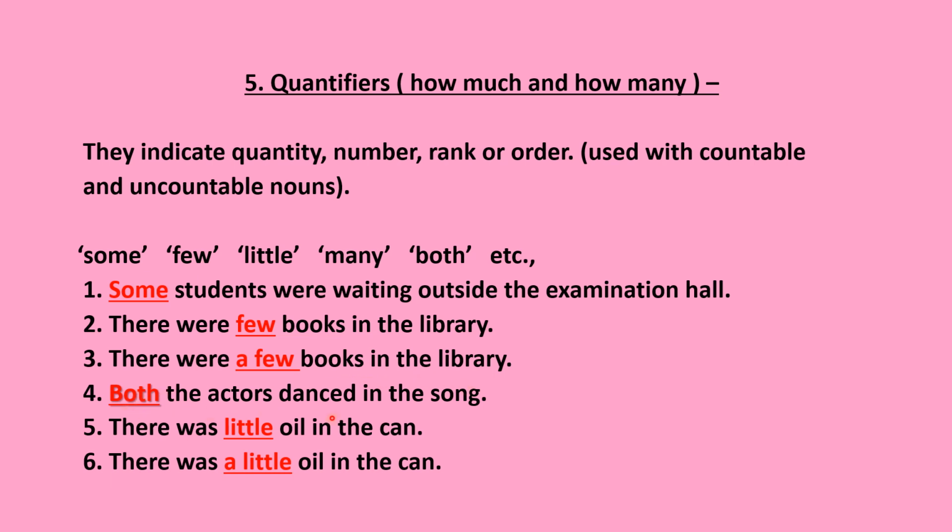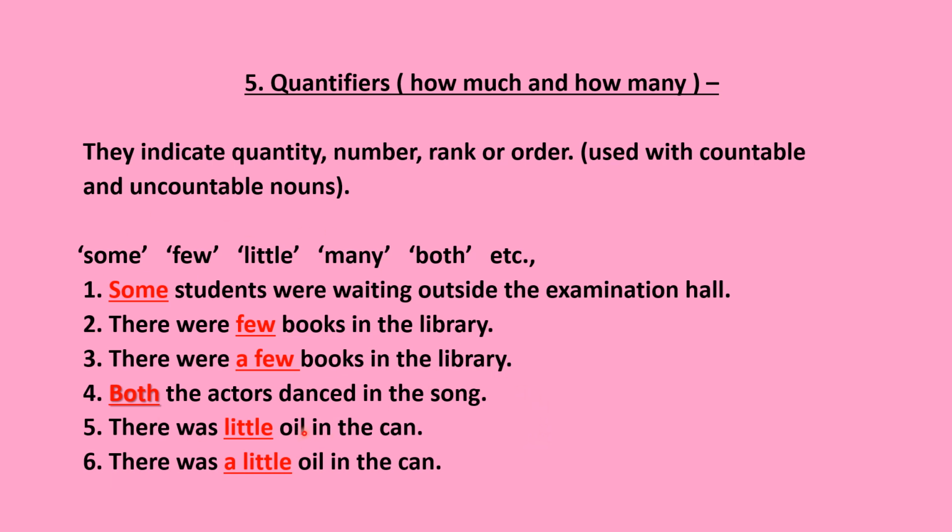Both the actors danced in the song. So this is 2, the numerical determiner. There was little oil in the can. Oil is uncountable. That's why we have to use little. There was a little oil in the can. Same thing. Little means hardly any oil, negative meaning. A little means positive: there is some oil in the can.